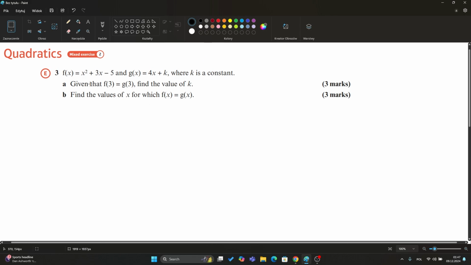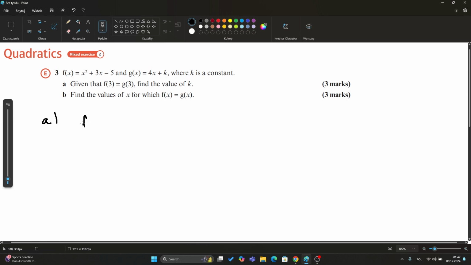So basically what happens here is that when we input 3 into f of x, everything gets replaced with 3 instead of x.